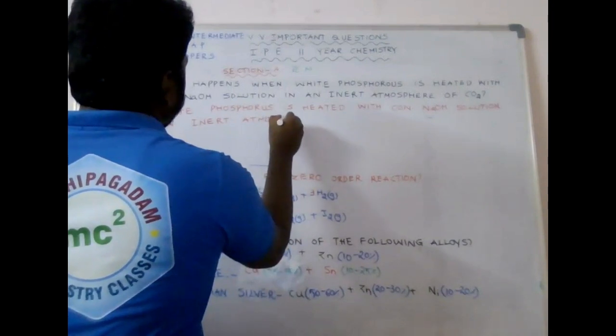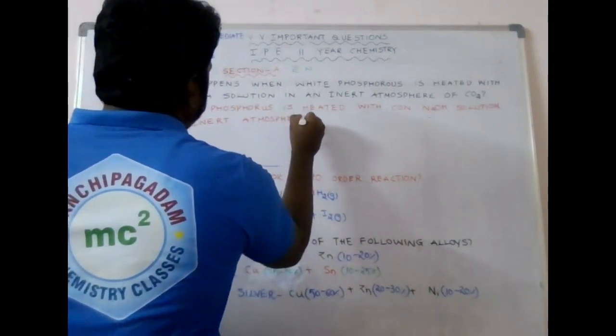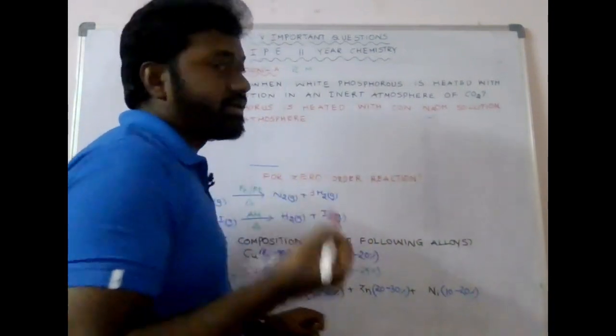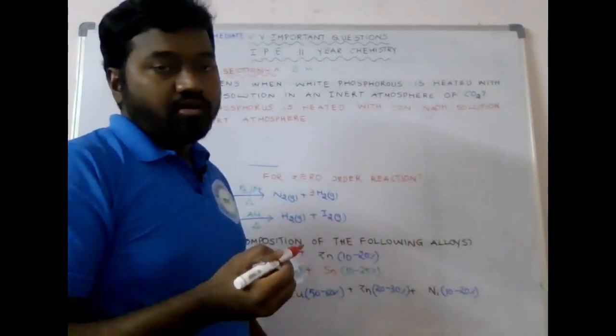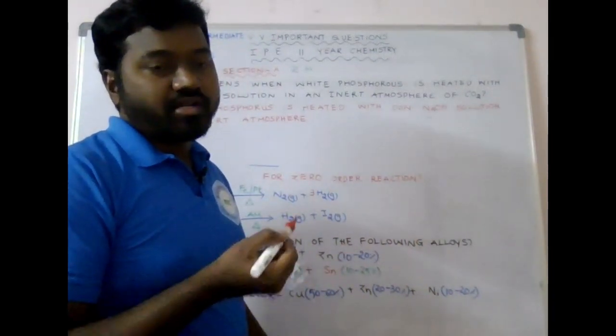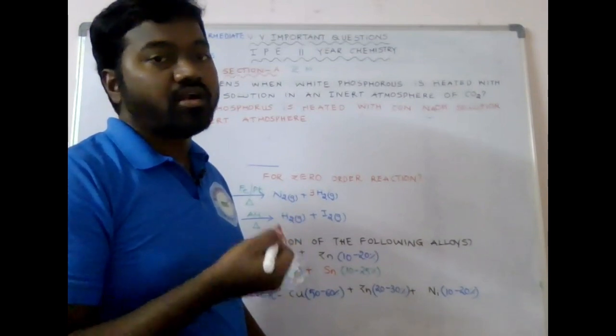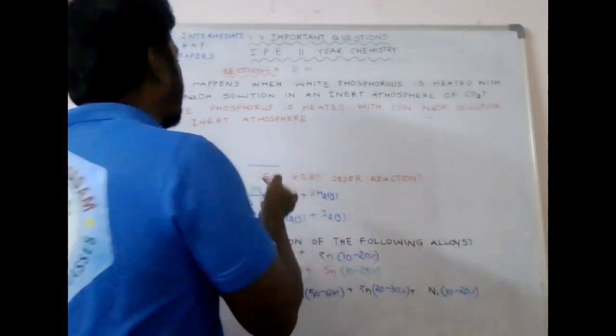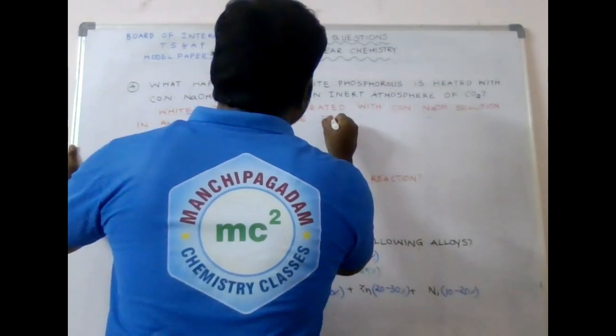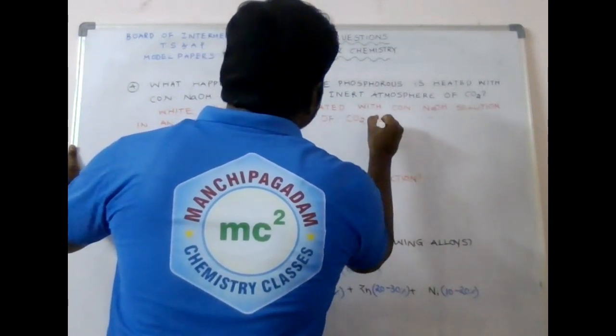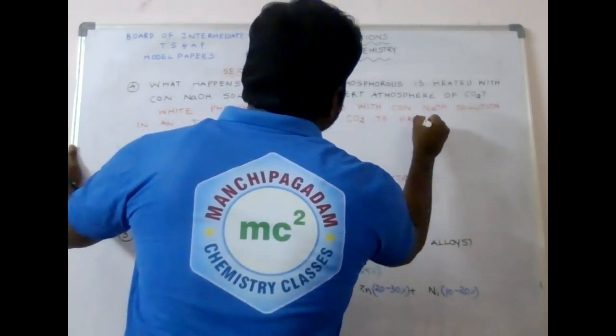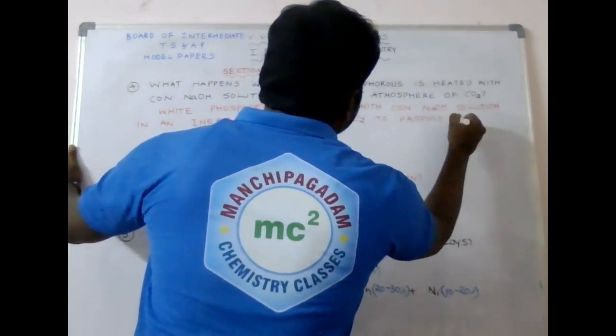Inert atmosphere of CO2 means that atmosphere we created, that it won't react with carbon dioxide. Carbon dioxide will not affect the reaction. Okay, that is called inert atmosphere of carbon dioxide, to produce the product I am writing now, to produce phosphine.